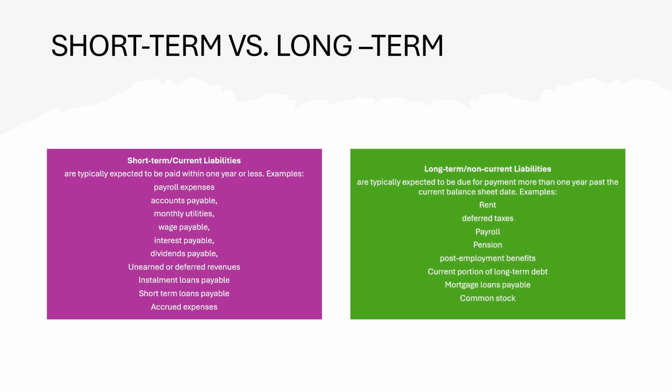The next one, long-term or non-current liabilities, are typically expected to be due for payment more than 1 year past the current balance sheet date. Examples are rent, deferred taxes, payroll, pension, post-employment benefits, current portion of long-term debt, mortgage loans payable, common stock.